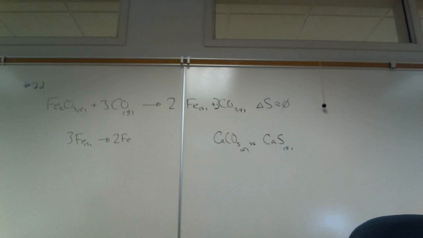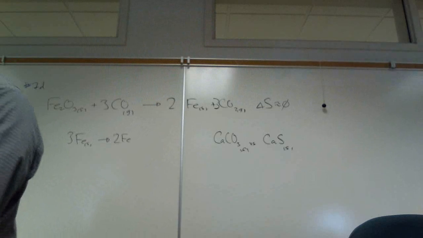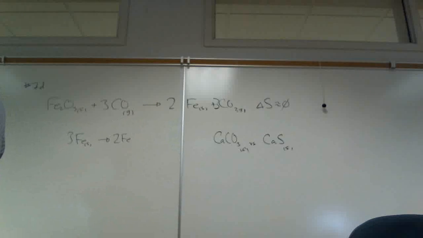Higher entropy means more ways of arranging things. The more ways you can arrange things, the higher the entropy. The more things are constrained, the lower the entropy. Constrained would be if you fix that atom in one position so it can't move. Then there's going to be much lower entropy.